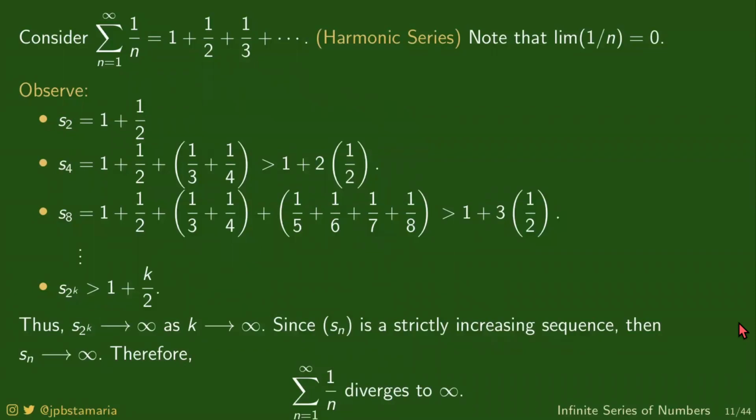Yun yung meaning ko nung diverges to infinity. But sometimes you can see some authors or some mathematicians would write this way, na sinusulat na equal sa infinity. Kasi nga ang limit mo ay infinity. Although that doesn't imply convergence, still that implies divergence. Okay? So this is an example or a counterexample to the converse of the divergence test, no?